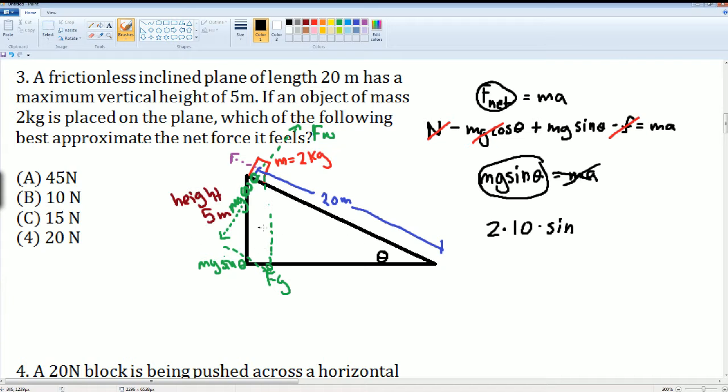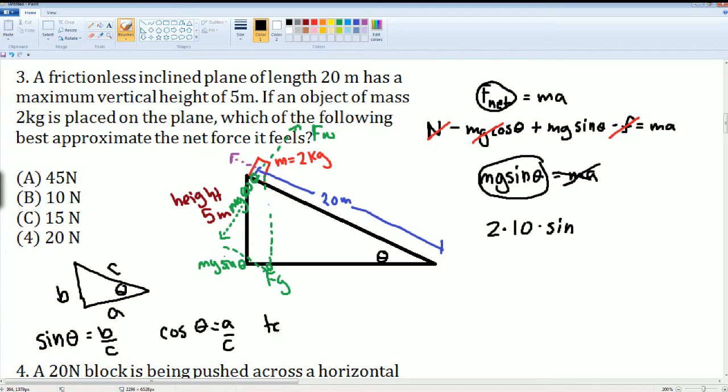Okay, if you think about your trig ratio, if this is theta, and this is A, B, and C. Your sine of theta is defined as B over C. Your cosine of theta is defined as A over C, and your tan of theta, I think, is B over A. Okay, all right. But notice you have your sine part right here. It's just B over C.